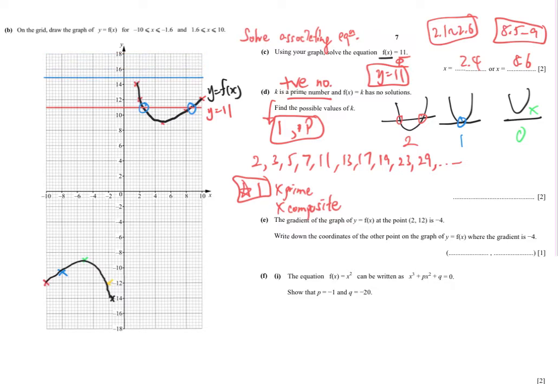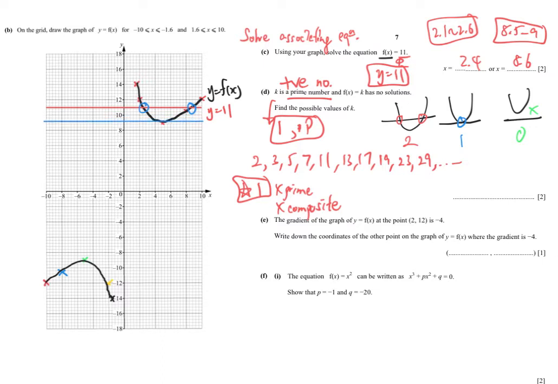When it comes to here, it touches at maybe 1 point or 2 actually, if the graph extends. So for this kind of k, you will have 2 solutions for f of x equal to k, so it's not what we want for k. So here we still get 2 solutions.